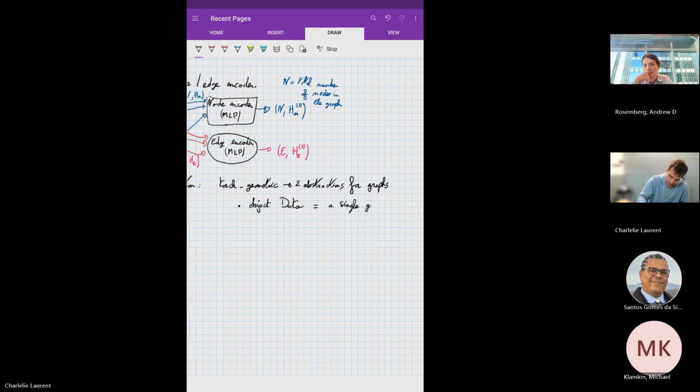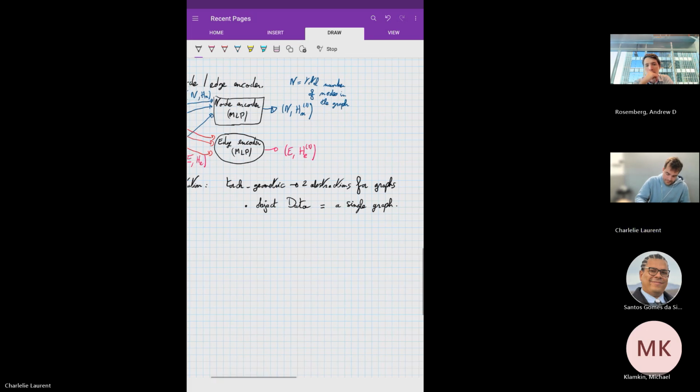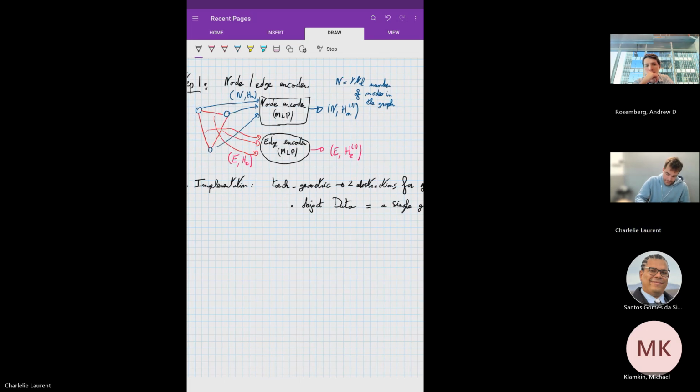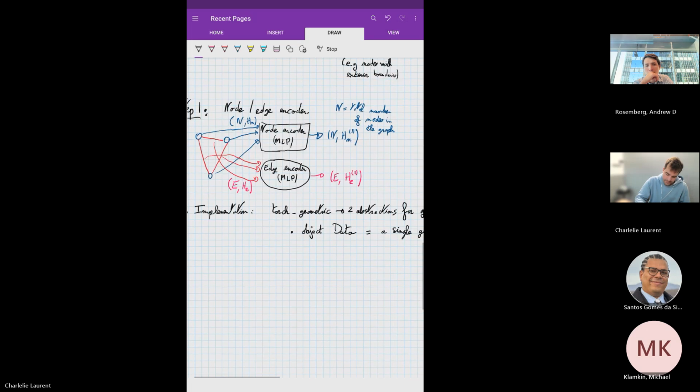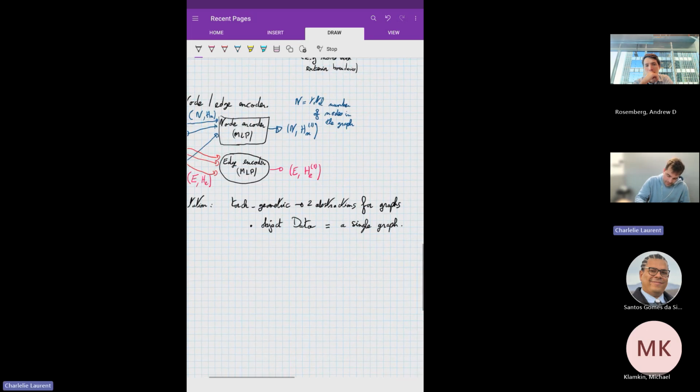It has another kind of abstraction, which is called a Batch.